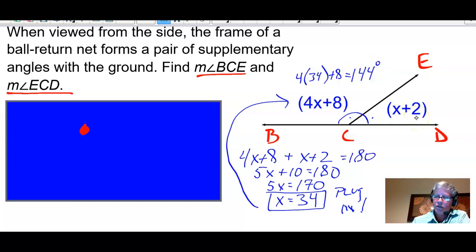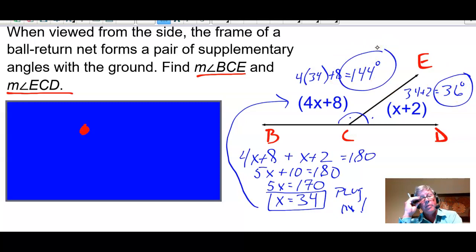And this one, ooh, I can do this one. 34 plus 2 is equal to 36. Those are the answers they're looking for. If you want to check it, make sure you're right. You should add them together. What should you get? 180. And if you trust me, you do get 180.